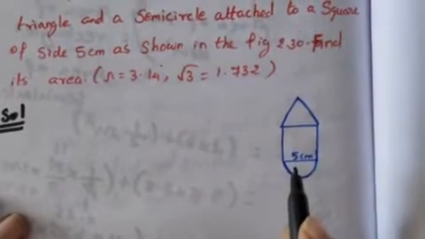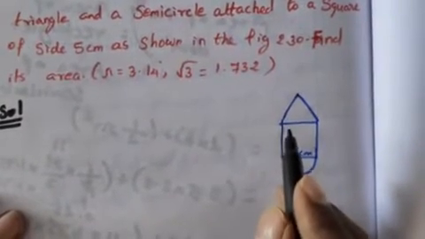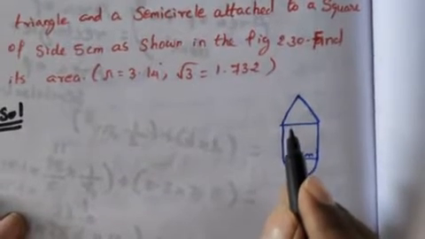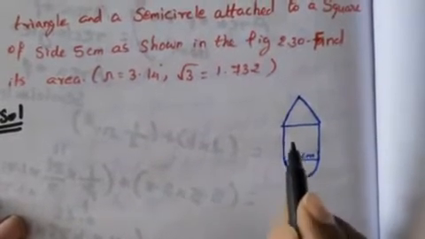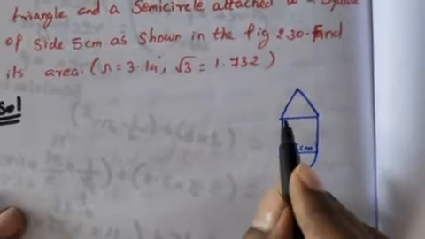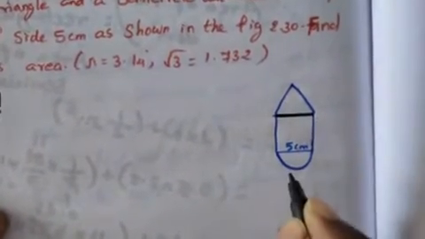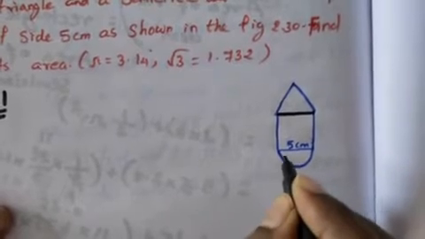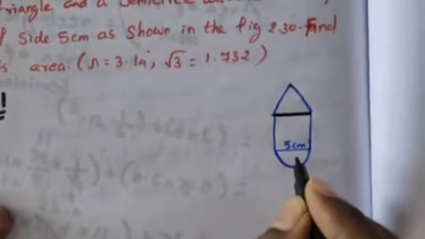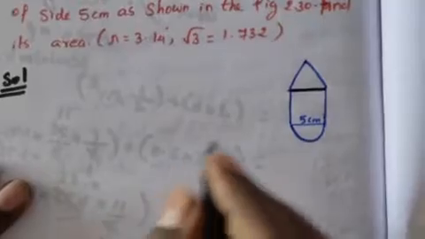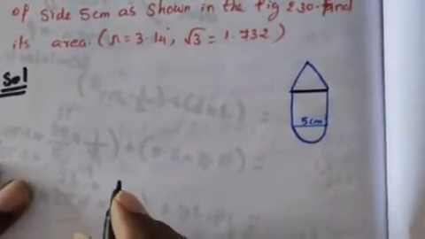Therefore, one side of the square is the base, the breadth of the triangle, and as well as one side of the square is the diameter of the semicircle also. So, from the given figure, we can get some values.